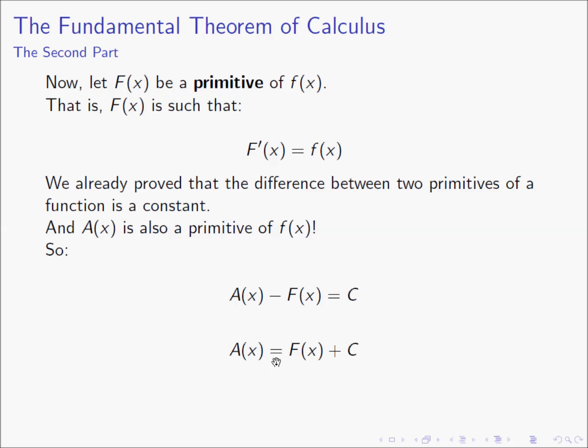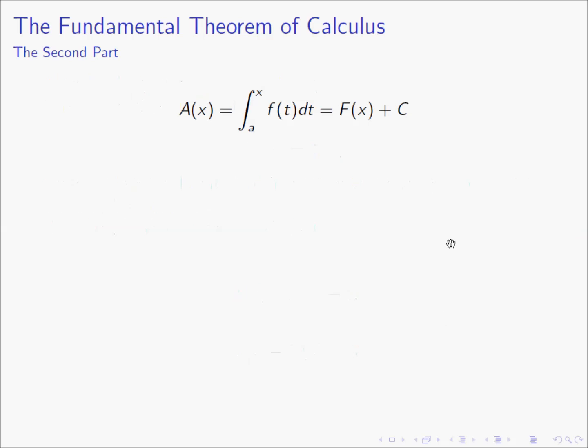So here we can solve for A of x, and we have that A of x must equal the primitive F of x plus the constant c. That is, we can write the expression of A of x as the integral from a to x of f of t dt.